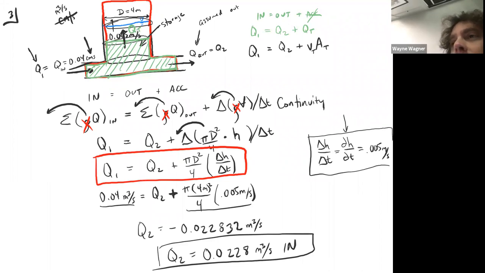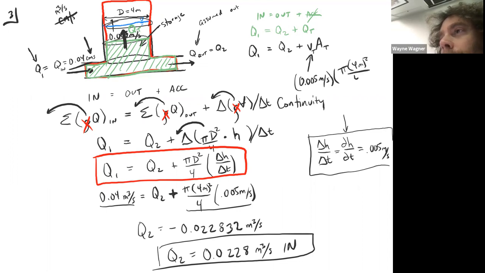The velocity of the tank is how quickly this water is flowing upwards, which is 0.005 meters per second. And the area of the tank is pi times the diameter squared over 4.